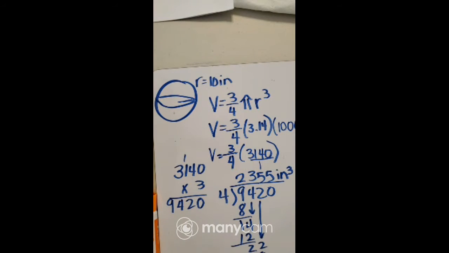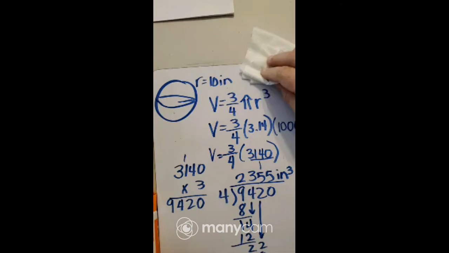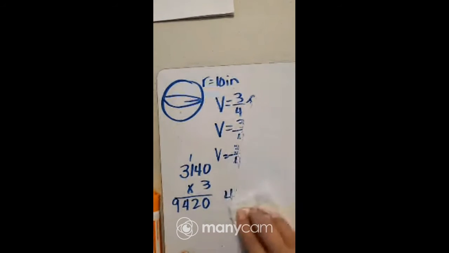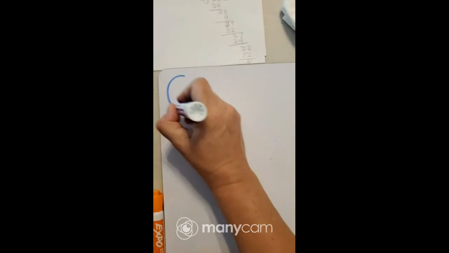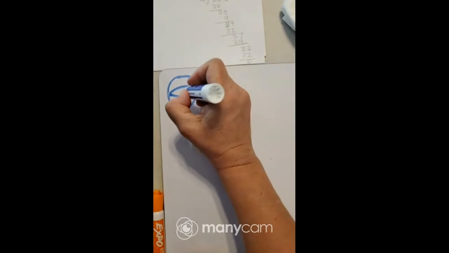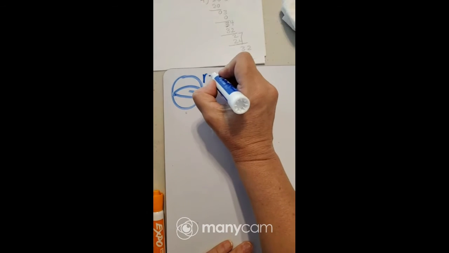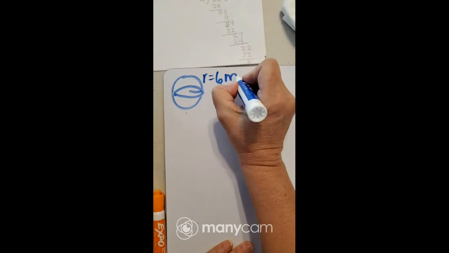I am going to do this again with numbers that are not 10. So anytime you're working with 10, it's nice and easy. Okay, so let's see what I decided to do. I decided to do radius of 6. So I have my sphere, and my radius is 6, let's just call it meters.